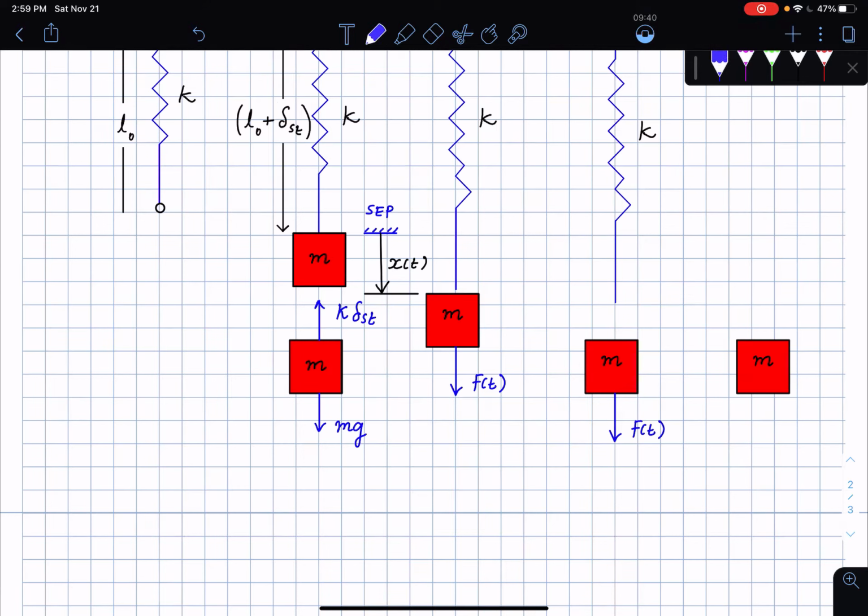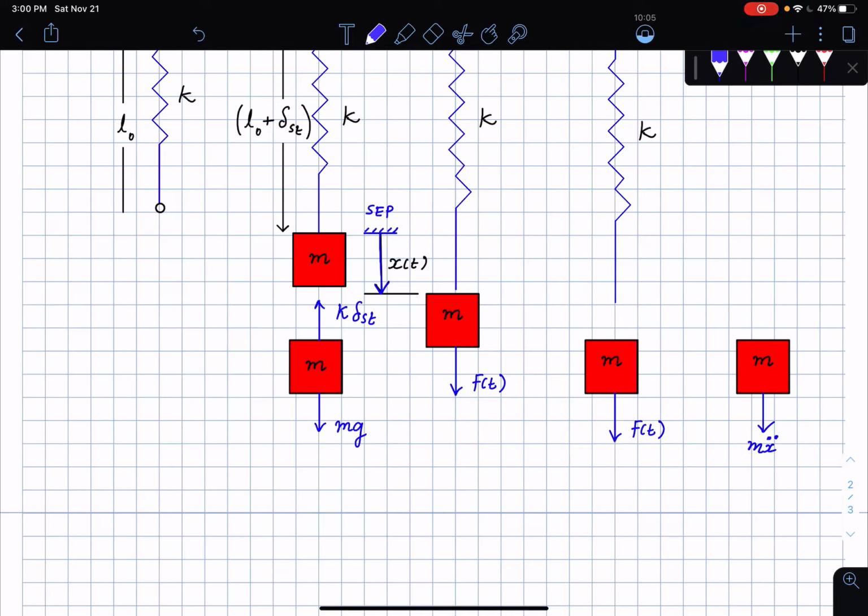So this is just going to be pointing downwards, because I'm assuming that at that instant in time the mass is moving down, and the coordinate sign that I'm using is, okay, here is the SEP, this is the origin. Okay, and then if the mass is moving down, it's going to be assigned a positive displacement. If the mass is moving up, it's going to be assigned a negative displacement. Okay, so this is going to be m times x double dot.